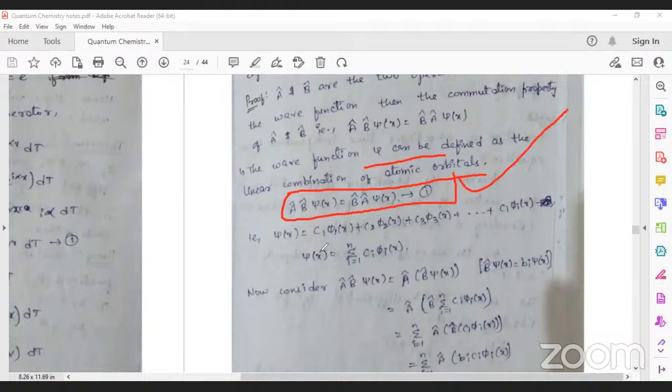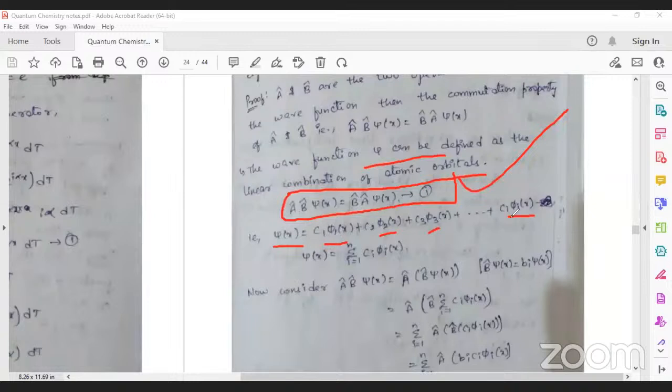For that, we are choosing one wave function, psi, which is a linear combination of atomic orbitals: phi 1, phi 2, phi 3 and phi i are the atomic orbitals.